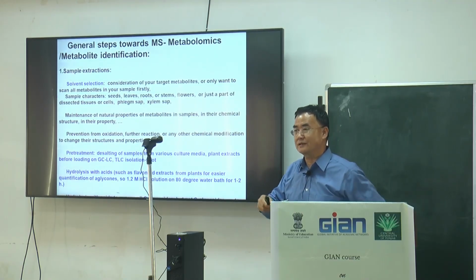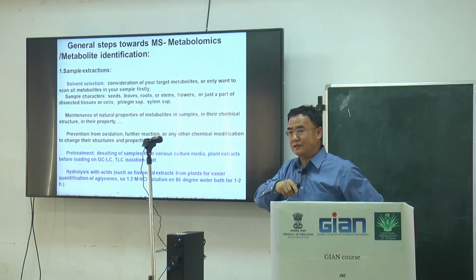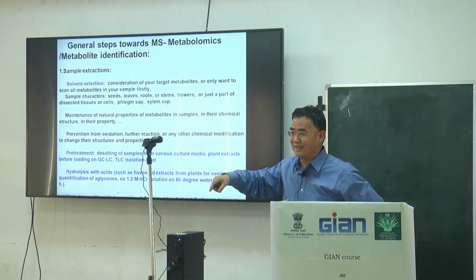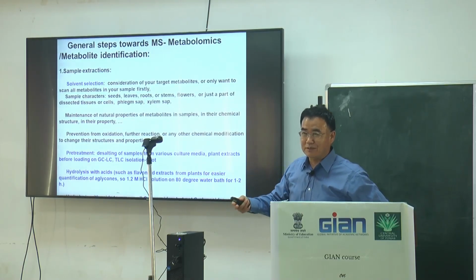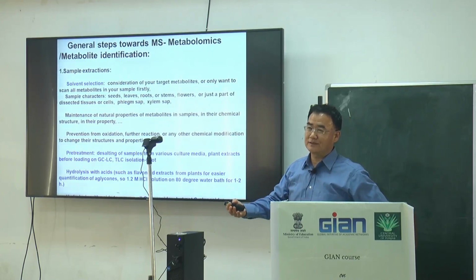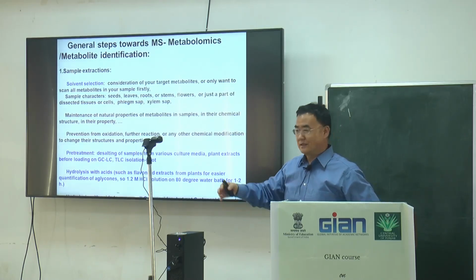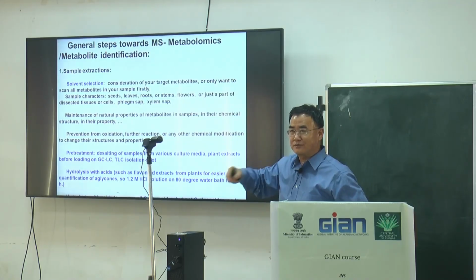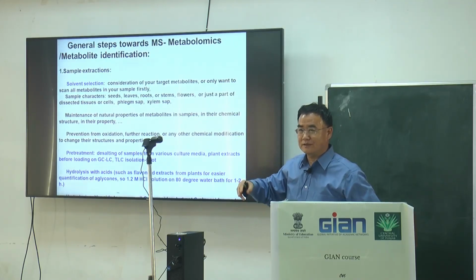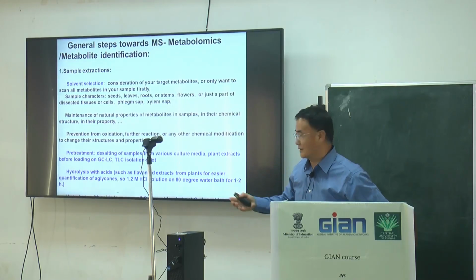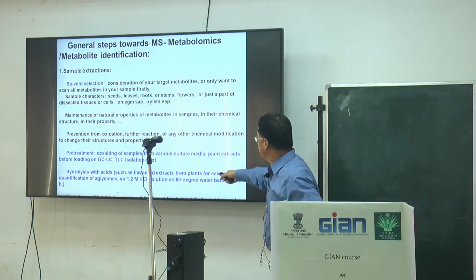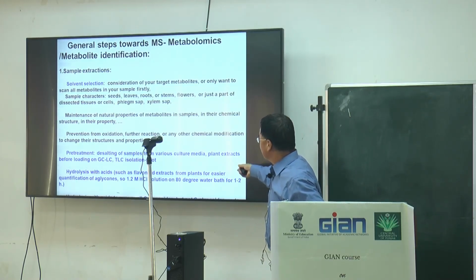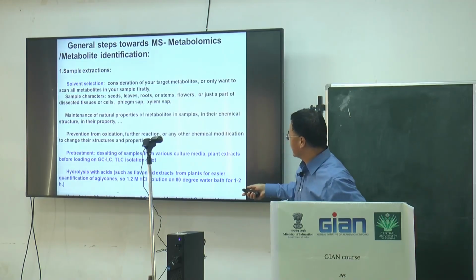Later in China, Chinese companies just mimicked those products. They produce very cheap materials to fill the column, with very excellent desalting effect. Also for plant extract before loading on the GC-MS.